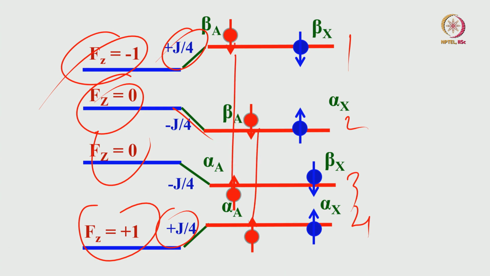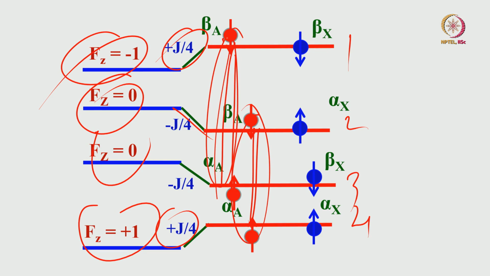This separation is larger because the delta E separation is larger compared to this. That means they are not of identical frequencies. In the previous example, when they were uncoupled, the frequencies were the same, but here the frequencies are different. One has a larger frequency, the other has a smaller frequency, because one is pushed up by J by 4, the other is pushed down by J by 4.